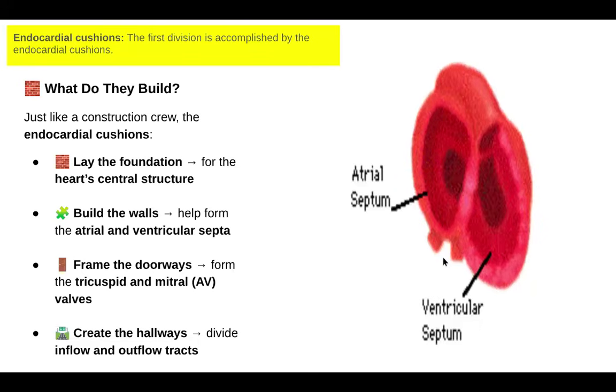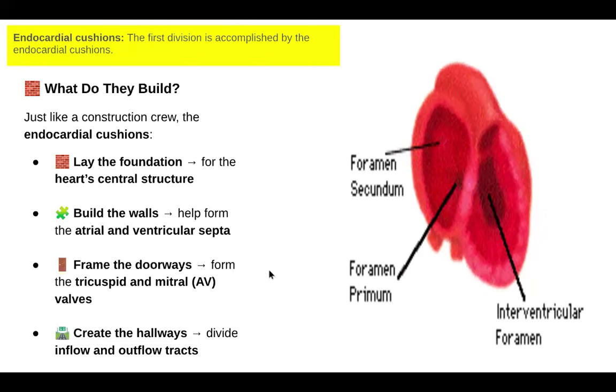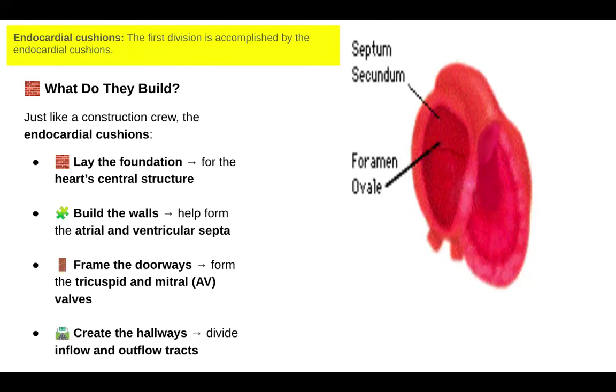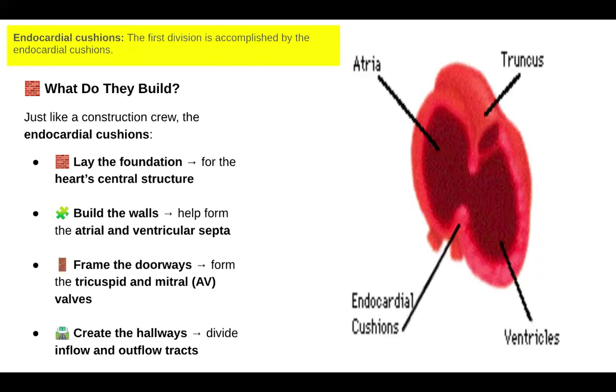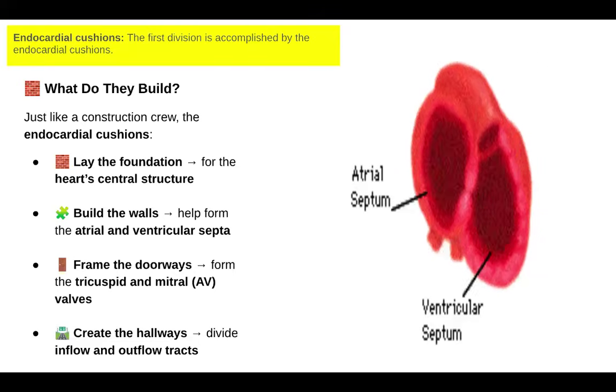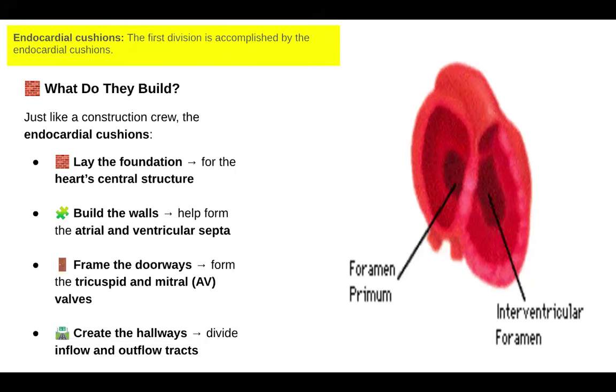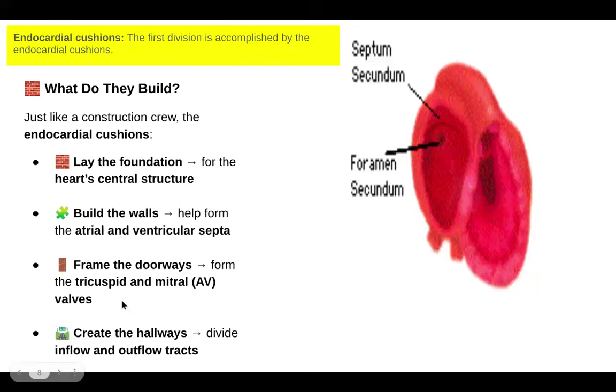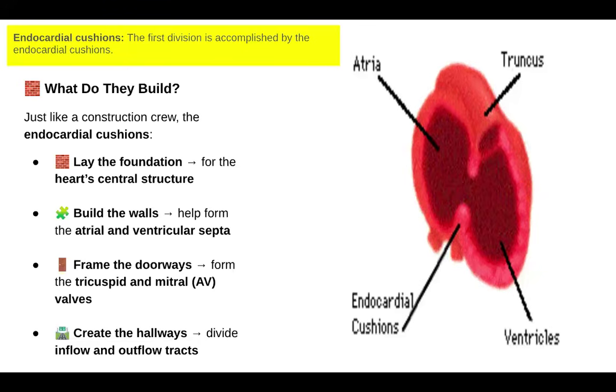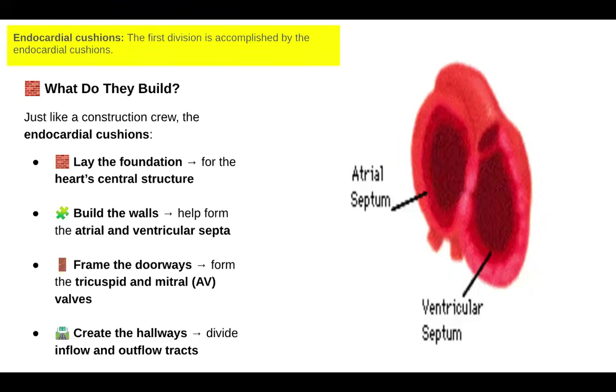Now, from there, we have to build the walls. What are the walls? The walls are what separate the ventricles as well as the atria. Then we have to create the doorways because blood has to go in. Through the doors, the tricuspid and the mitral valves, is how the blood flows into the ventricles. But what happens after that?